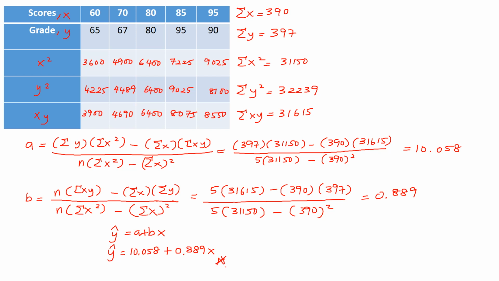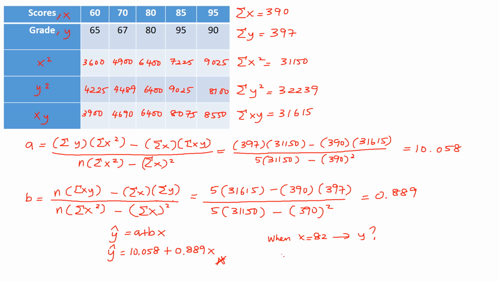So the question can ask you to apply this equation to estimate or predict any value between 60 to 95. For example, the question can ask you to predict the statistics grade y when the value of x is, let's say, 82. So now you just have to substitute in this formula.